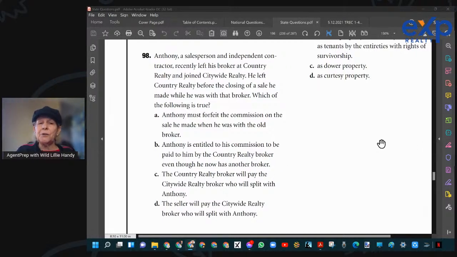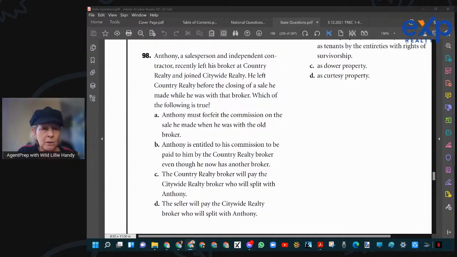Anthony is entitled to his commission to be paid to him by Country Realty. That's who he was with, right? Even though he now has another broker. Okay, so it belongs to the first broker and they are being paid by the seller. The seller doesn't move and pay the other organization because Anthony's representing a buyer.